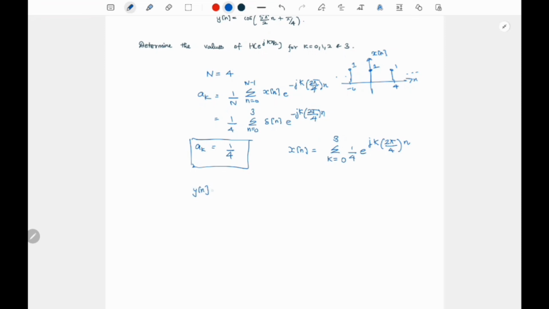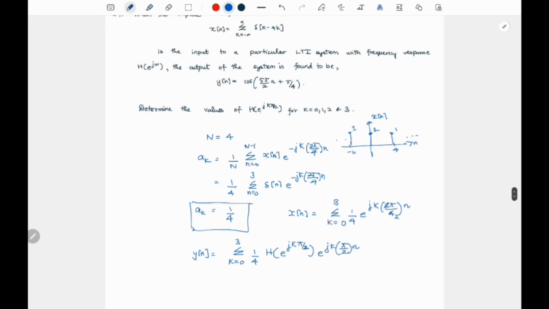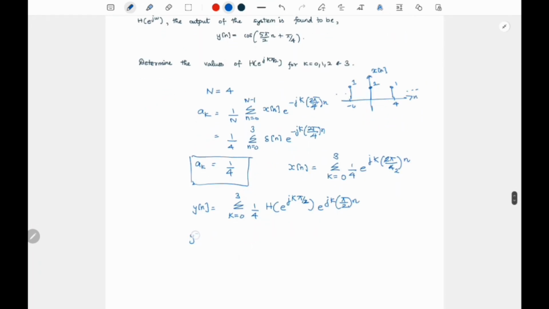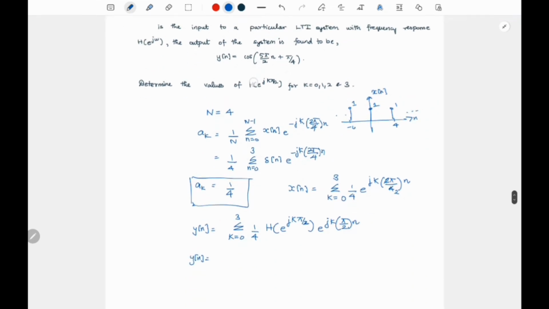So my y of n will be nothing but summation k equal to 0 to 3, 1 by 4 h of e power j k pi by 2, e power j k pi by 2 into n. We have been asked to find h of e power jk pi by 2 for k equal to 0, 1, 2, 3. So we can now compare this with what is given.